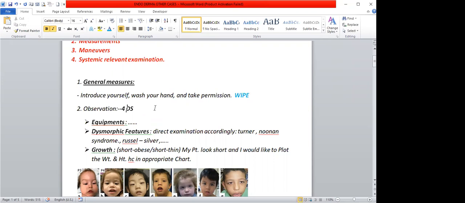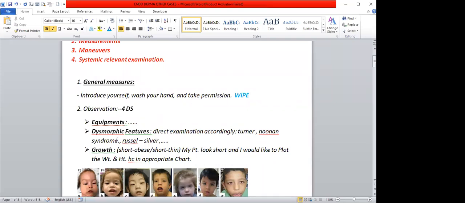After that, whenever we have a look at the child, that is called screening, just like a computer. So screen the child, whether the child is short as per age, because the age will be provided: this child is a 12-year-old girl, name is so and so, please examine this child. According to the age, we need to think whether the child is short or tall, or has any dysmorphism. That is called screening, just after entering the room.